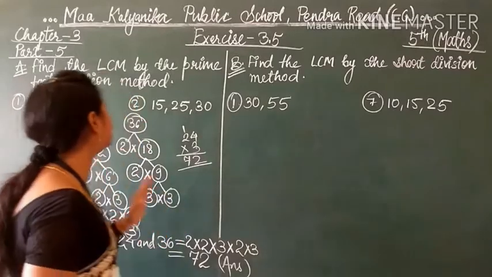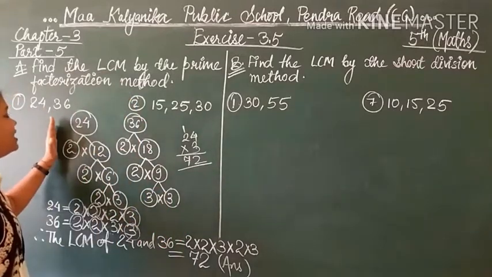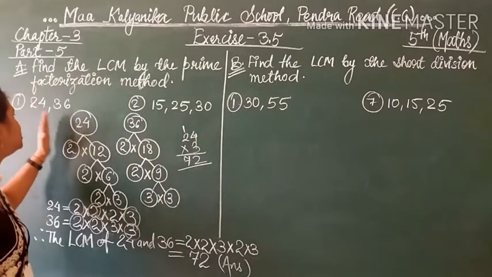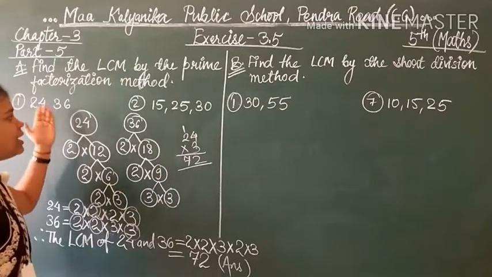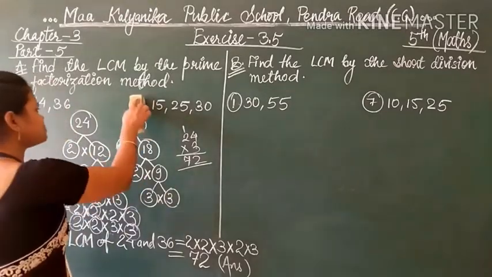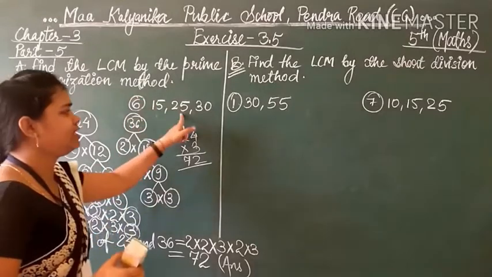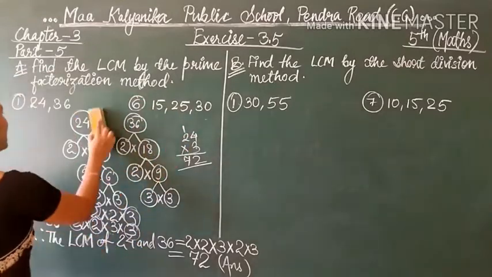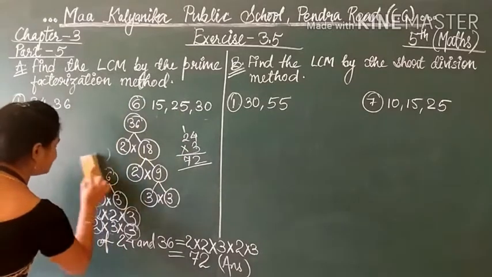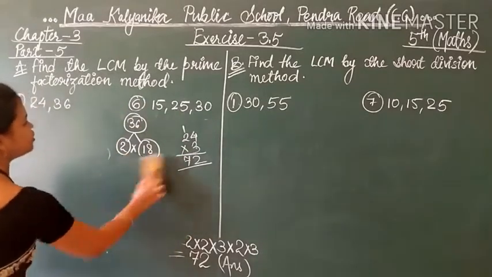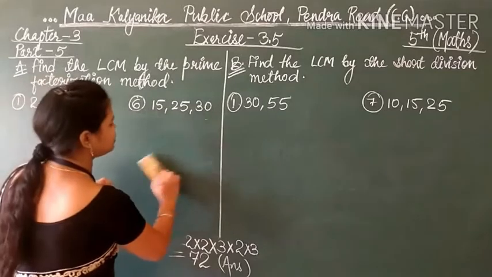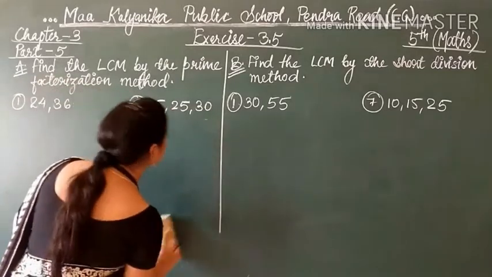But students, here I showed you how to find the LCM by prime factorization of two numbers. Question number 6 I will show you, which has 3 numbers. I hope you have understood this, but there will be only a few differences with 3 numbers. Okay, so try to understand.